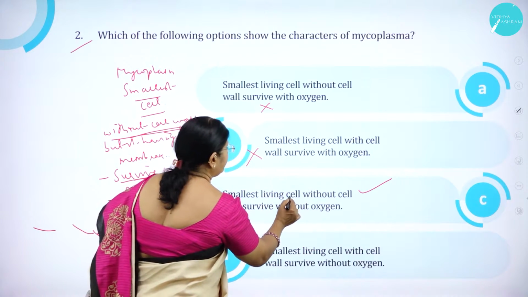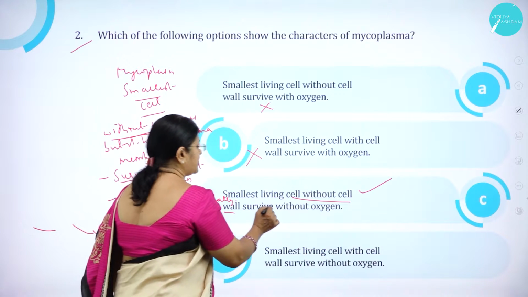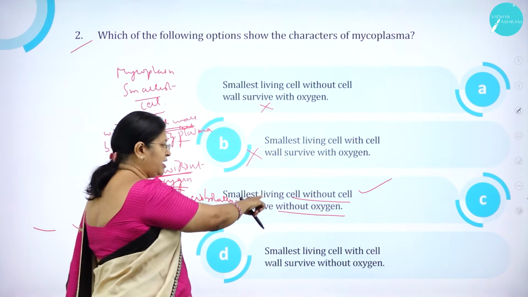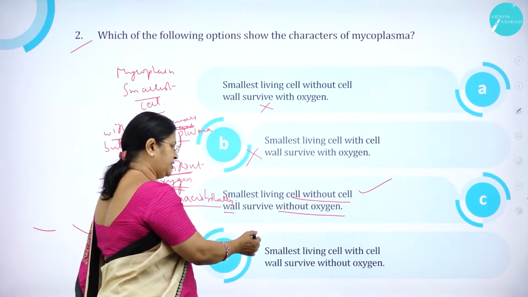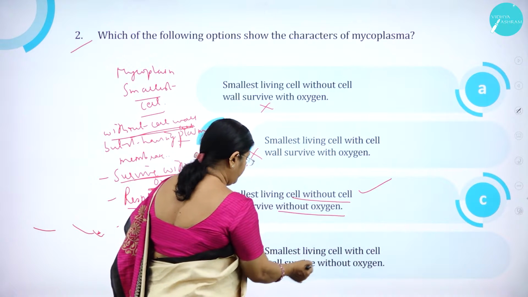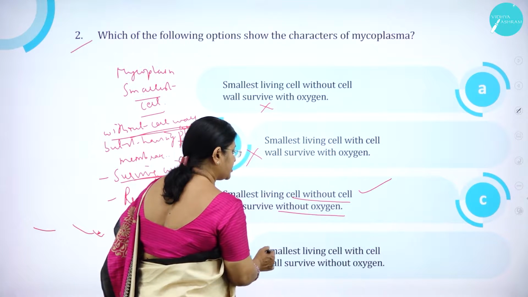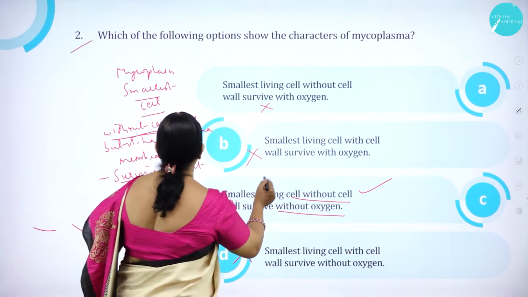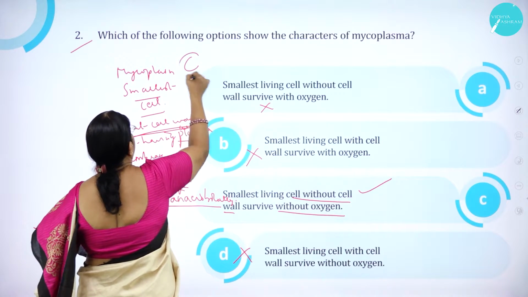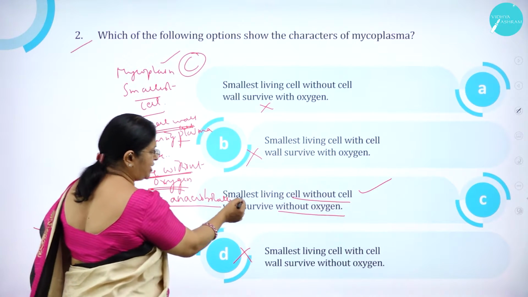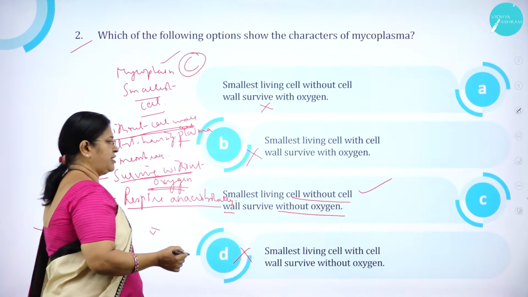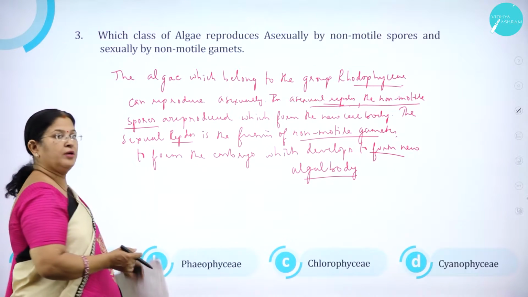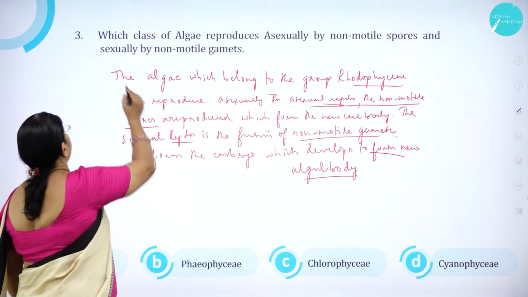Smallest living cell with cell wall, survive without oxygen: with cell wall, wrong. So the option C is correct. Option C is correct, that is smallest living cell without cell wall, survive without oxygen. Moving on to question number 3.